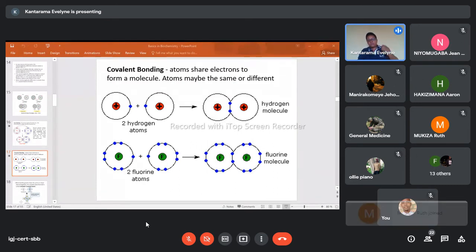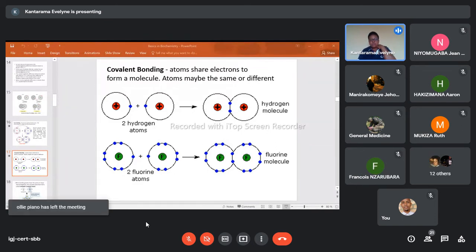Here we are going to see when we say a covalent bond is polar or nonpolar. Again, we base it on electronegativity.